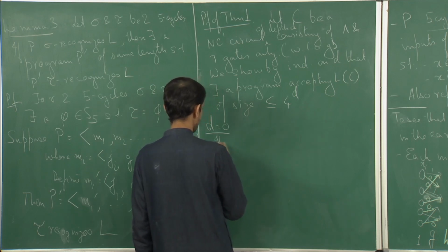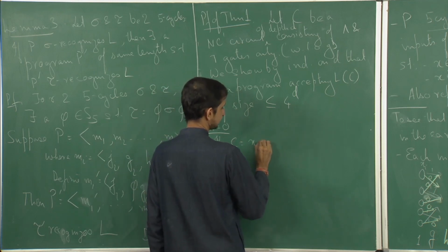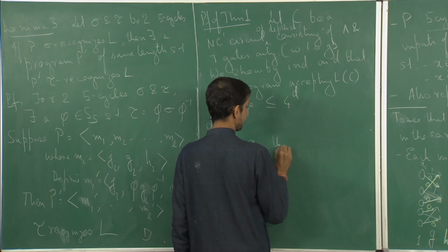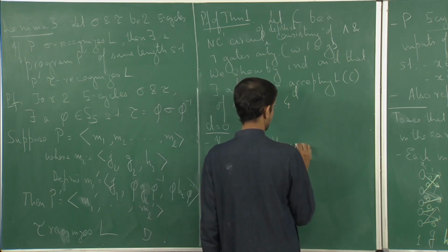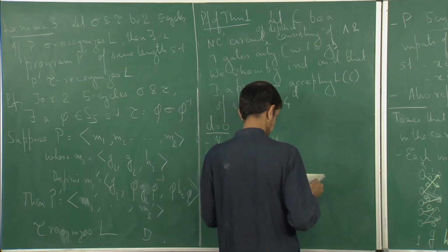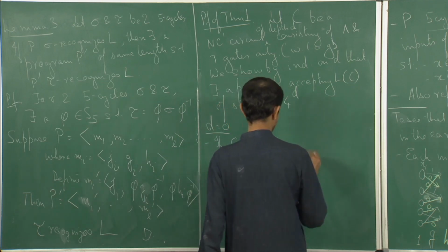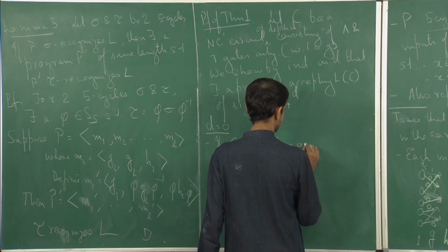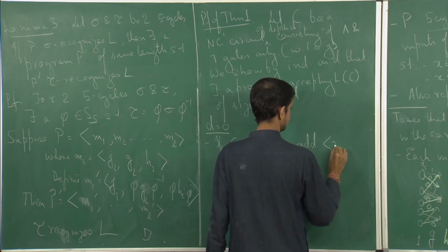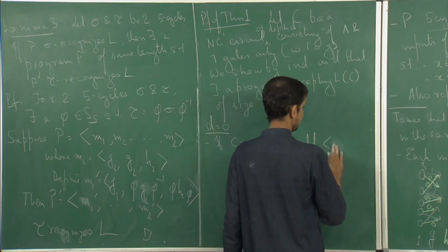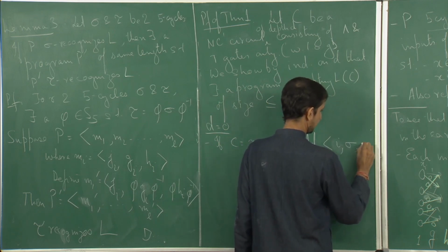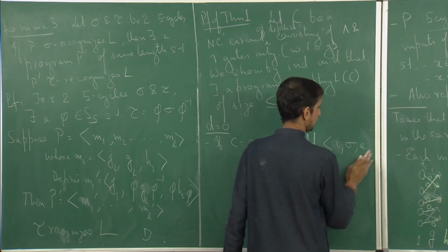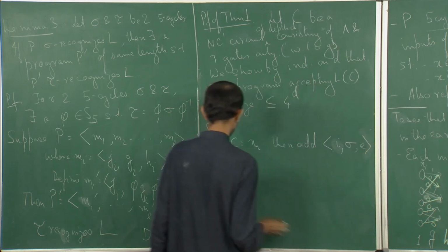If C is some variable xi, then add the instruction (i, sigma, E).